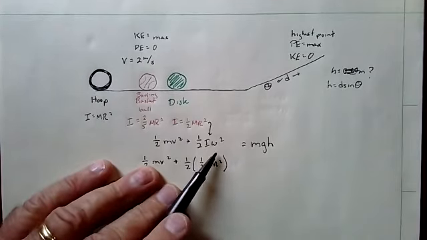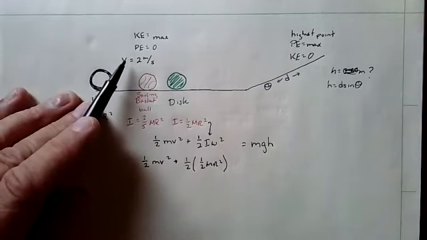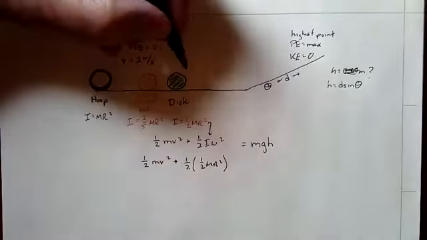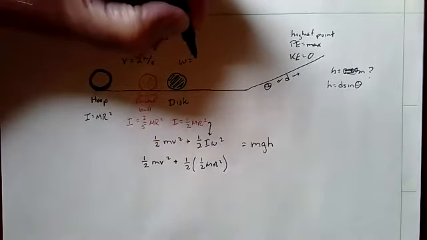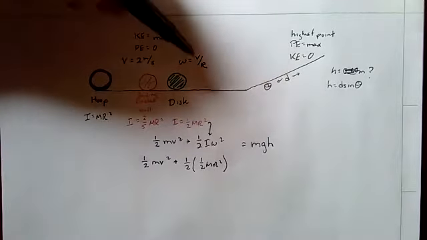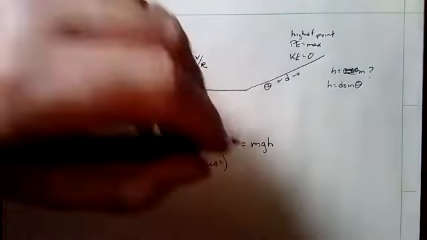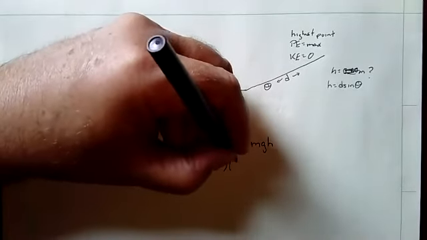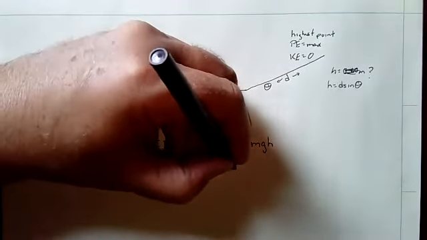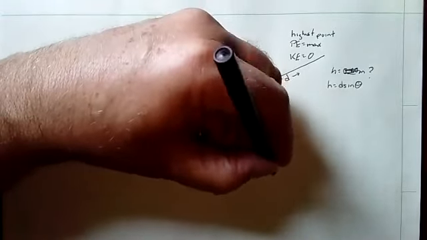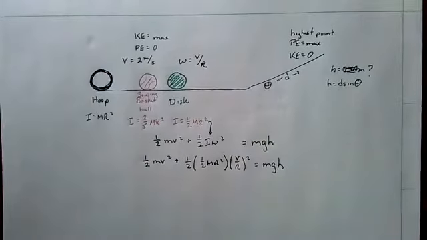And they equate to each other based on the radius. So omega is going to be equal to V over R. Capital R, lowercase r really doesn't make any difference. And then we're going to square that also. So this is going to be V over R squared equals mgh.